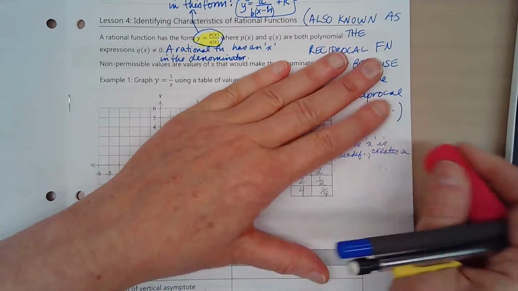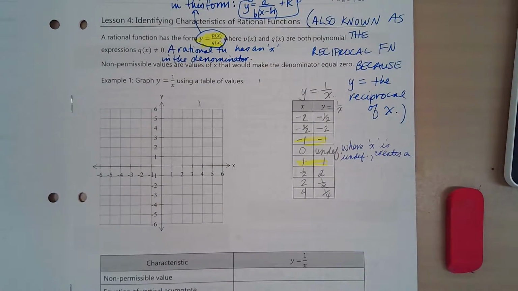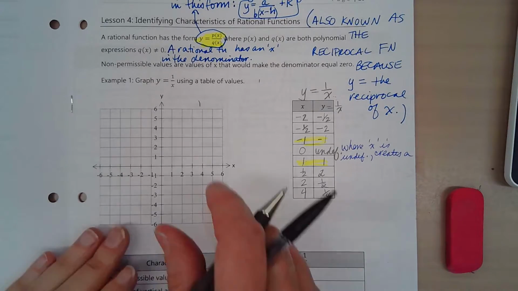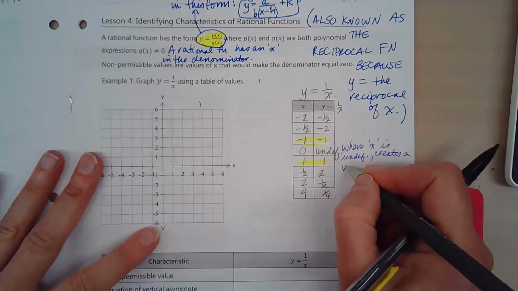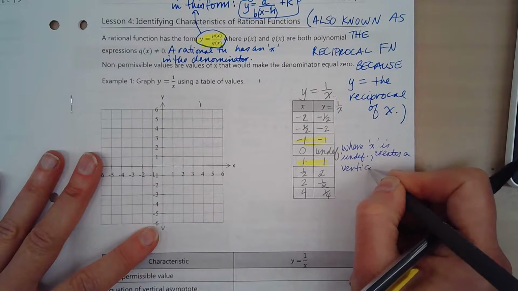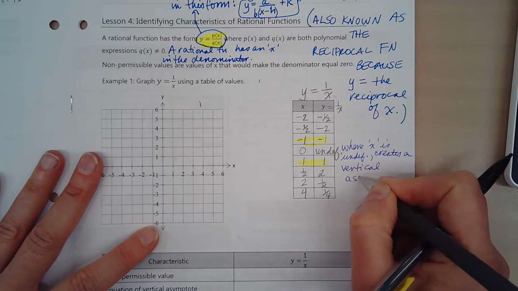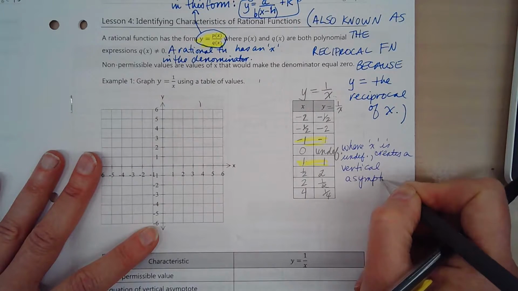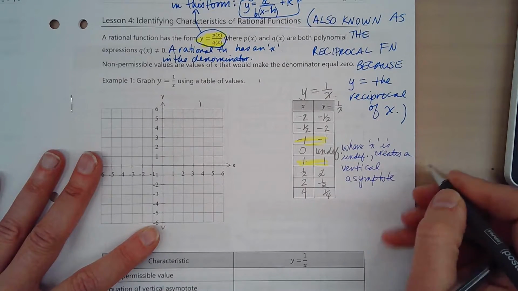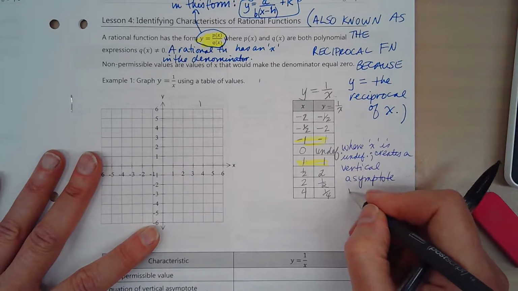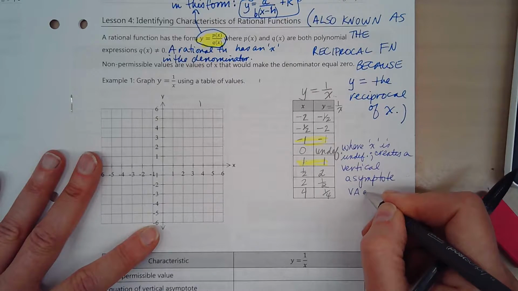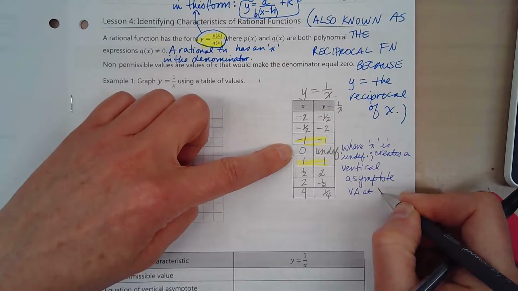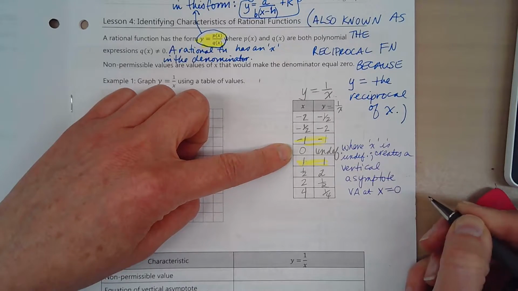Okay, so where x is undefined, x is on the horizontal axis, but x being undefined, that whole value of x is undefined. So we say it creates a vertical asymptote. So a vertical asymptote at, in this case, where x equals 0.